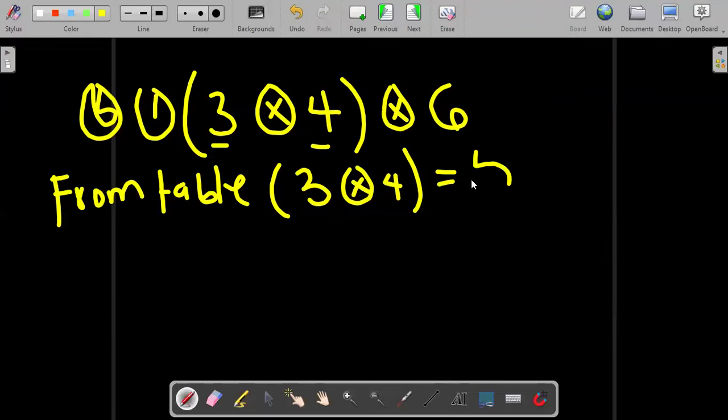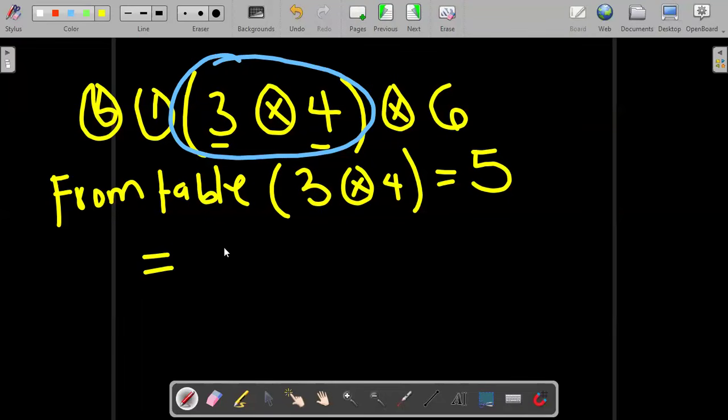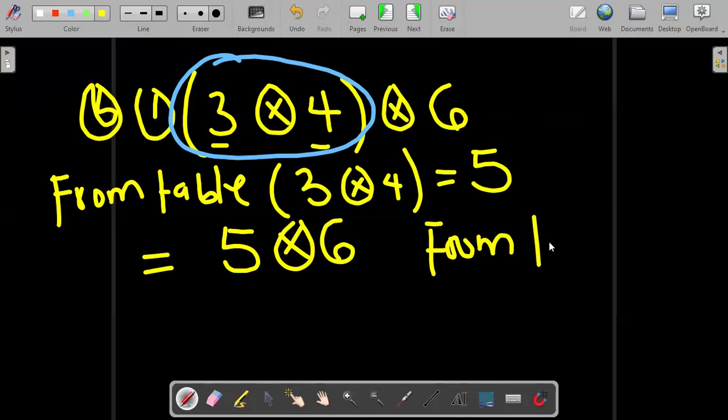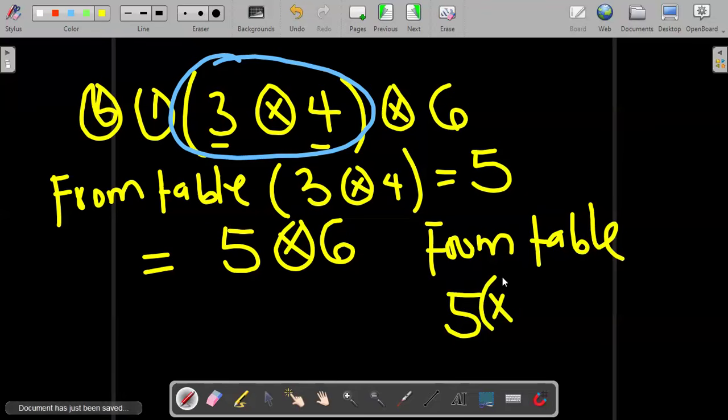So 3 multiplied by 4, the result is 5. That means the whole of this place is 5. So every time I see 3 operation 4, I will put 5 there. So this one now becomes 5 multiplied by 6. So I also say from the table, 5 multiplied by 6 is what?